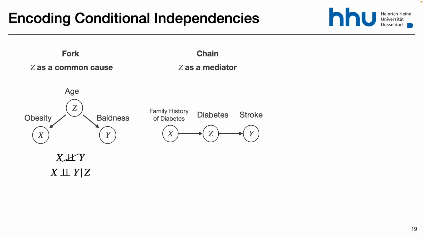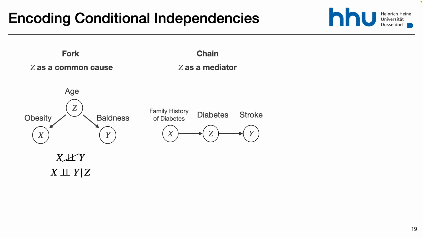The other one is a mediator. Again, the pipe is connected. So if this is the true generating model, a person that has diabetes has a higher chance of getting a stroke, for example. By knowing that the person has some family history of diabetes, I know that the person probably has a higher chance of having a stroke.